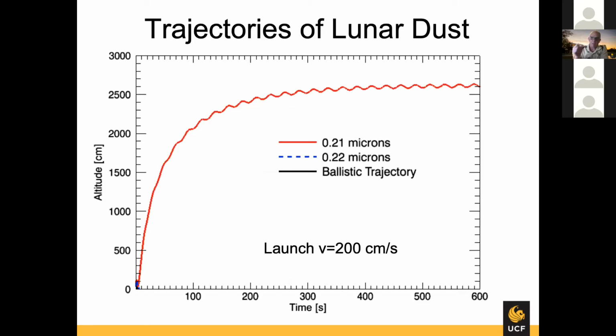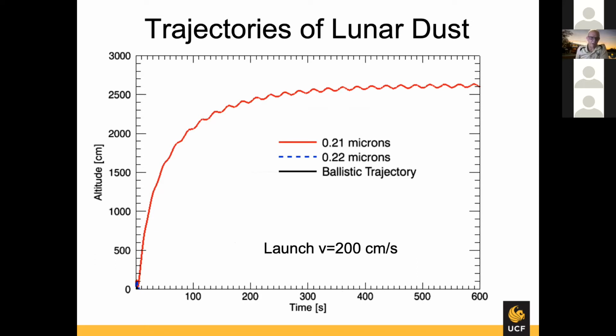Well, of course, the dust particles aren't going to be magically just placed above the lunar surface, so we did some simulations where we launched them off the surface. So here you see trajectories of 2 different size particles, 0.21 microns and 0.22 microns, launched vertically off the lunar surface at a speed of 2 meters per second.